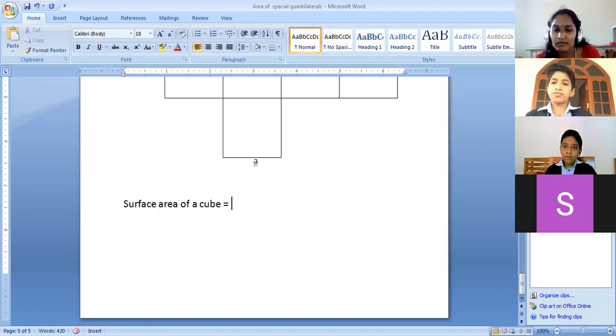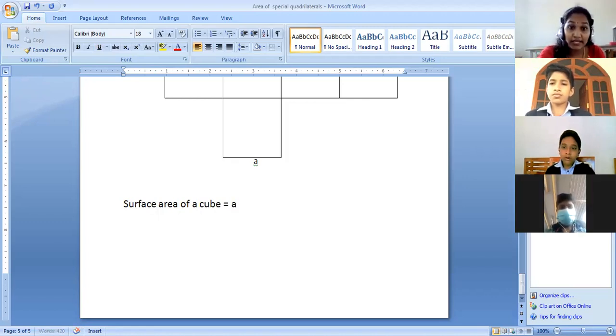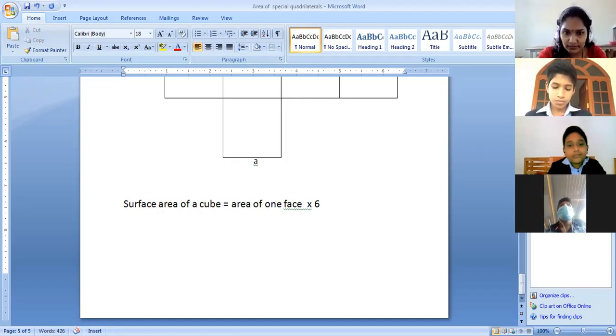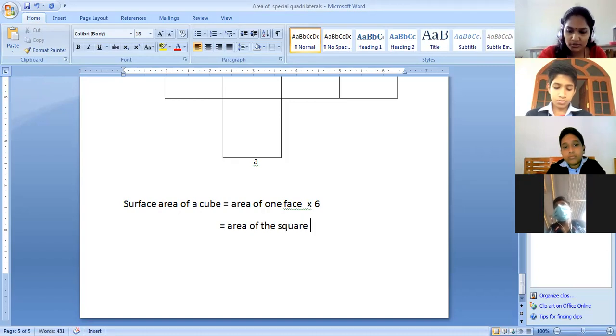Area of a cube is 6 into the area of one face. Since one face is a square, that is equal to area of the square into 6.